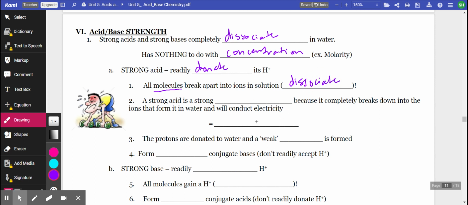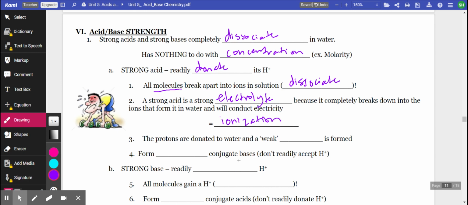A strong acid is a strong electrolyte because it completely breaks down into the ions that form it in water and will conduct electricity. This process of it breaking down in water is called ionization. Okay, so it's going to completely break down or dissociate, which makes it a strong electrolyte.